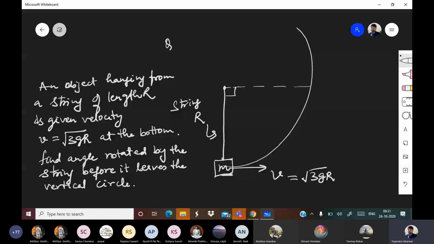Aradhya is saying 120 degree. Aradhya has become smart. He is saying these two people are fighting over 60 degrees, so I will subtract 60 from 180 and say 120. Right? Let me tell you, Aradhya, your answer is absolutely wrong.